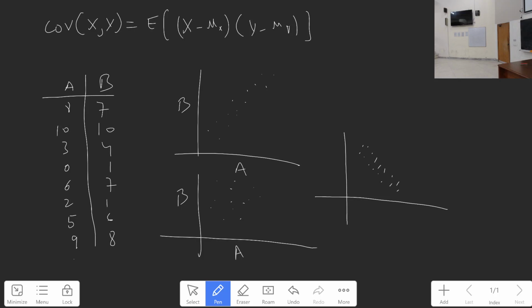Expected value does this, it puts the averages or probability density function in there. Okay, so this is the formula that helps you answer this question, and often we normalize it to get something called correlation. Okay, so this is covariance.